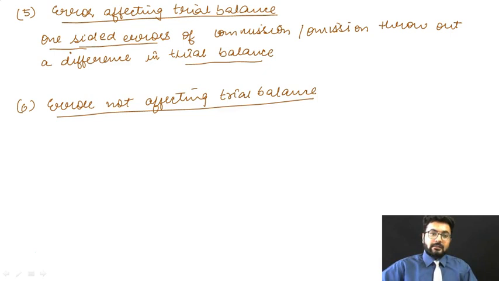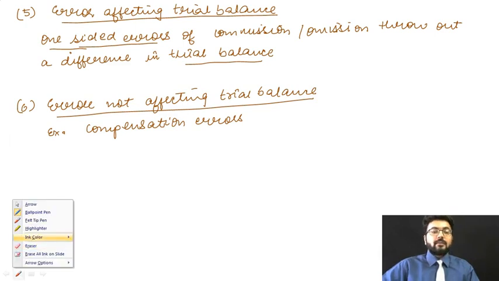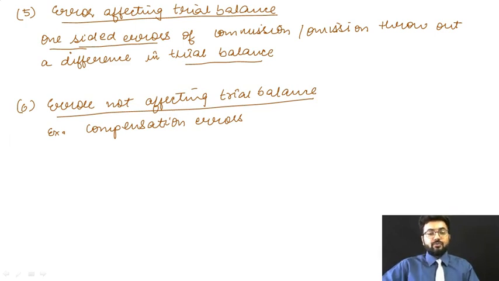For example, compensating errors and errors of contingent liabilities. Now, moving on to the next, talking about those kinds of errors which form headings for you, and those are going to be important as well.